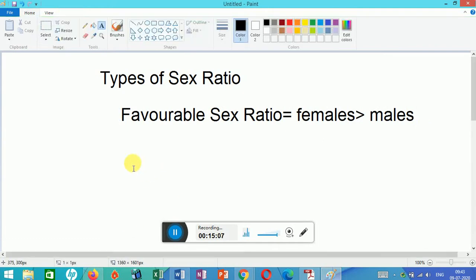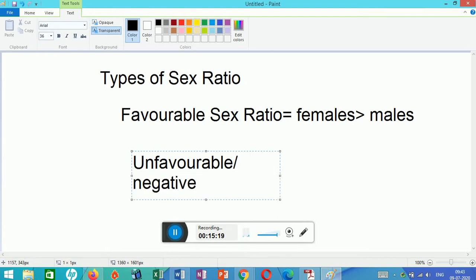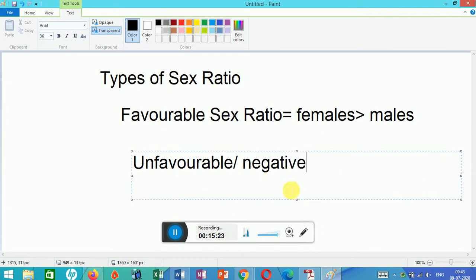So the other one is the unfavorable one. Unfavorable. It is also known as negative sex ratio. So in this case, the number of males is more than the number of females.